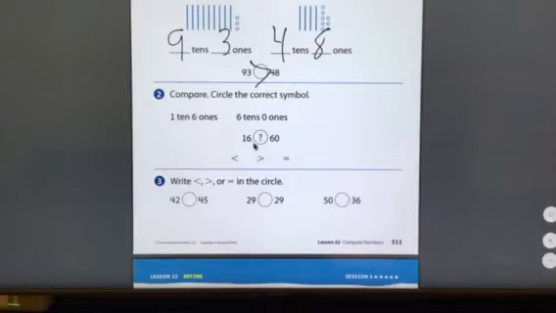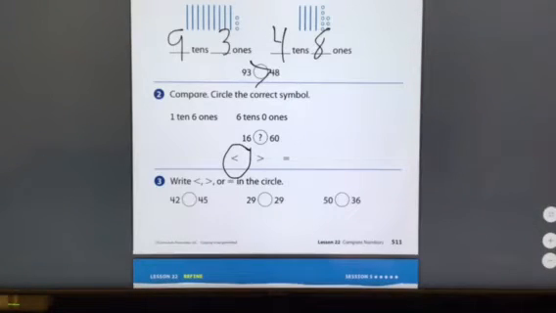Or is 16 equal to 60? Remember to compare the tens first. 16 has a 1 in the tens, and 60 has a 6 in the tens. 1 is less than 6, therefore 16 is less than 60.